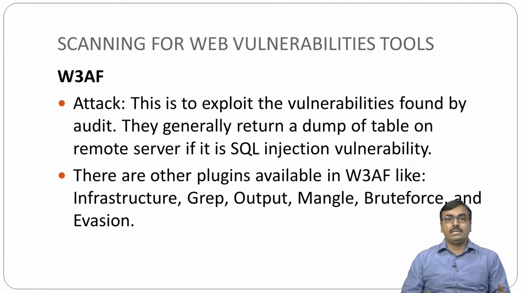They generally return a dump of a table on the remote server if it is an SQL injection vulnerability. There are other plugins available in W3AF like infrastructure, grep, output, as well as mangle, brute force and evasion. So there are so many plugins available in the W3AF utility.